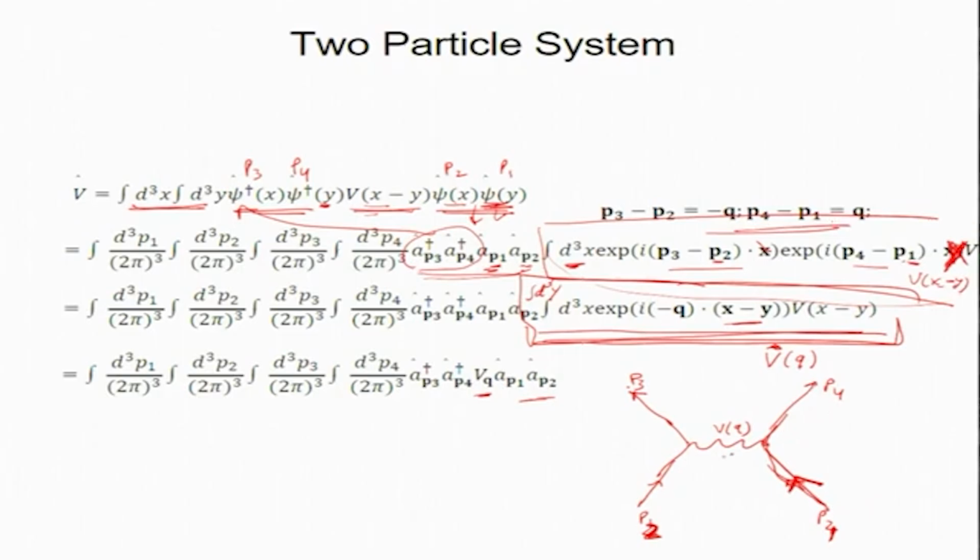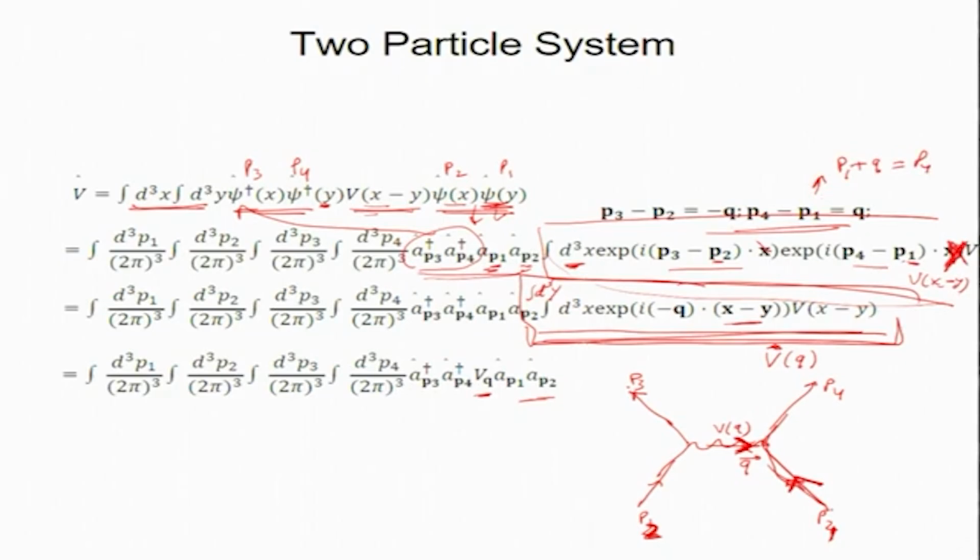P4 minus P1 will be Q, so Q is coming in. Look at it here: P1 plus Q equals P4, right?